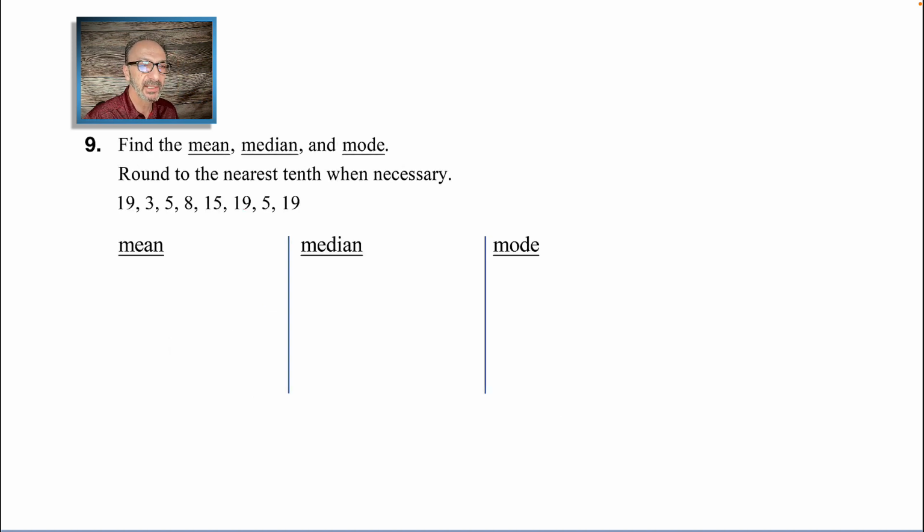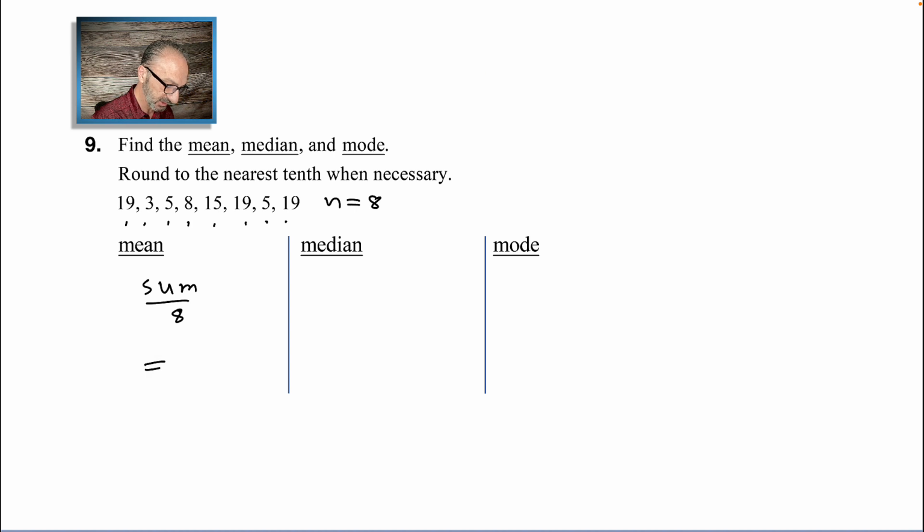Find the mean, median, and mode. Round to the nearest tenth when necessary. For the mean, we just add them up and divide by how many. So we have the sum divided by how many? We have 1, 2, 3, 4, 5, 6, 7, 8. So n is 8, the number of values in the data. So we divide by 8.